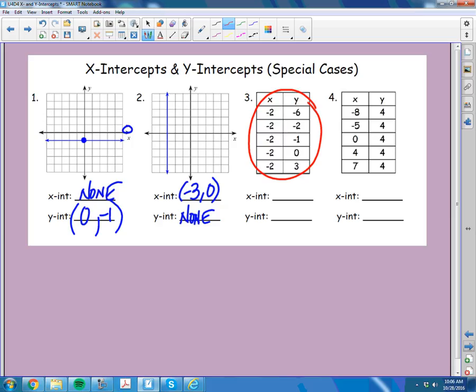So does it have an x-intercept or a y-intercept? It crosses the x-axis. Where do you think it crosses the x-axis? (-2, 0). You can also remember, the x-intercept is where the y value is 0. What about the y-intercept? None.